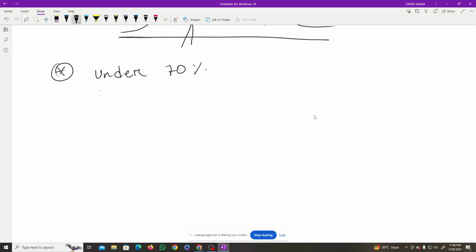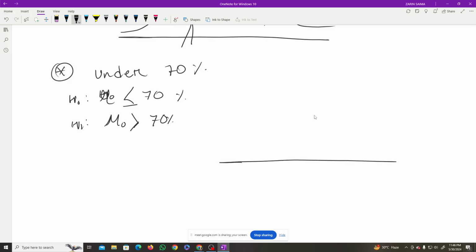So your null hypothesis would be that the average value is under 70%, and your alternative hypothesis would be that the average grade is above 70%.